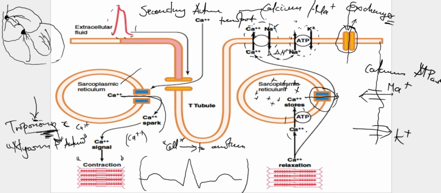We are mapping an individual action potential that is starting from this area. How is it spreading in the heart? This is what we are able to map in our ECG.